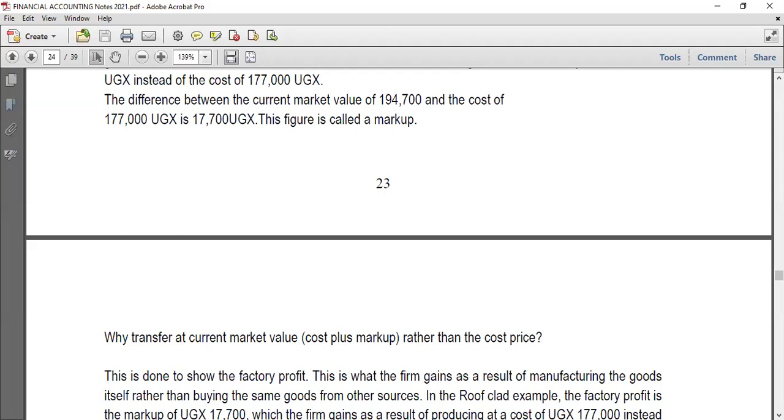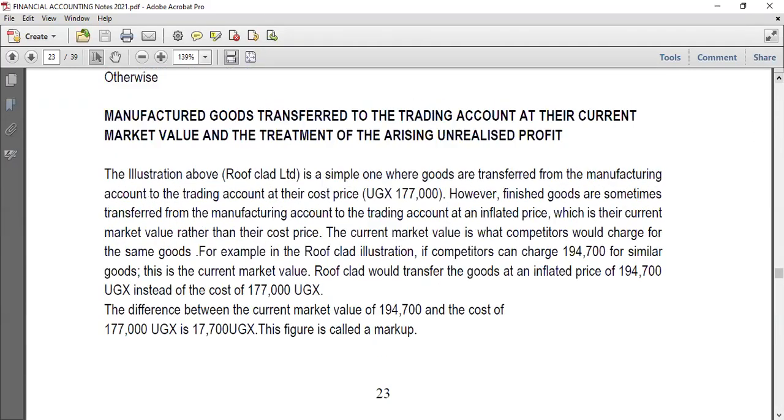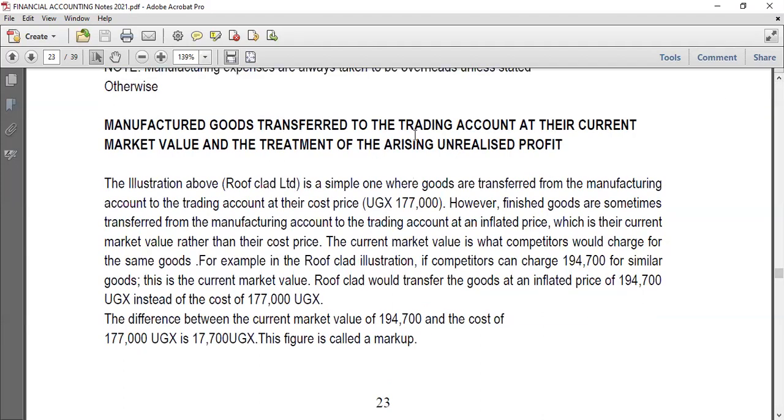So we have a scenario here. Once we calculated roof clad's value of finished goods, they were standing at 177.